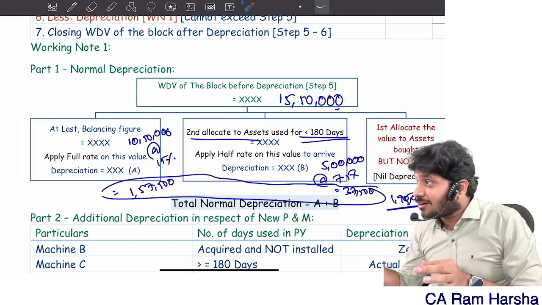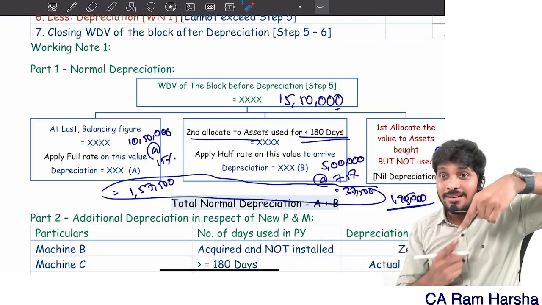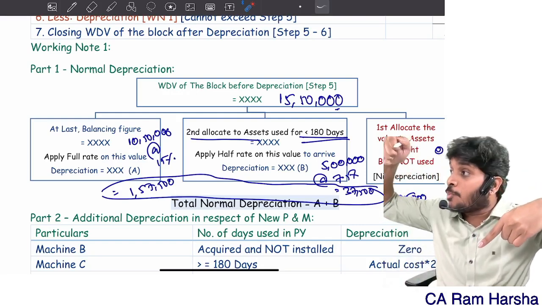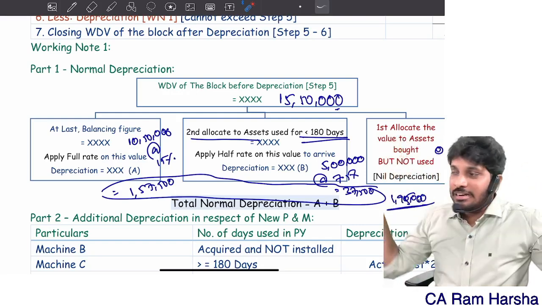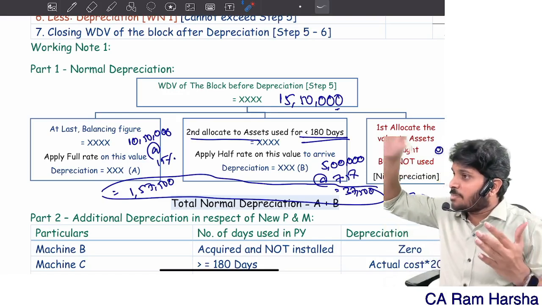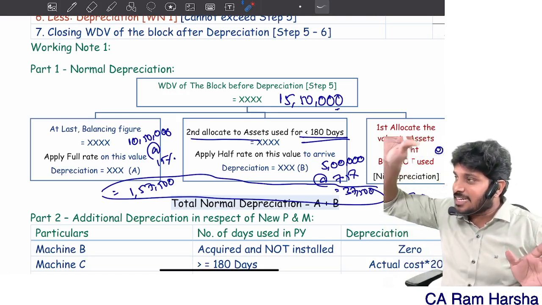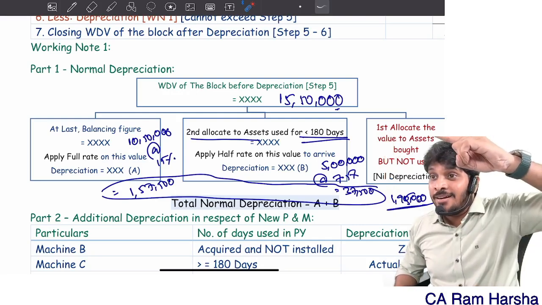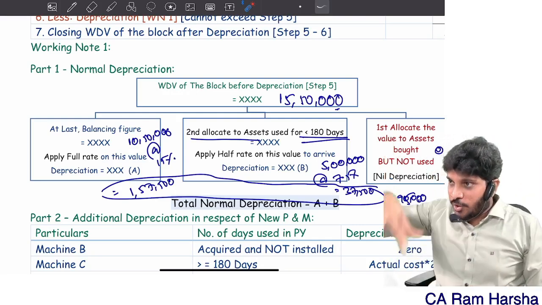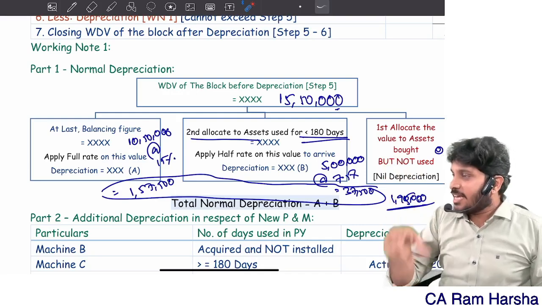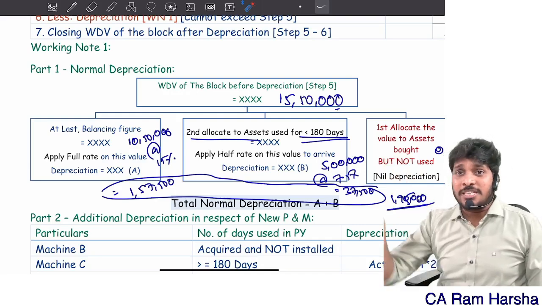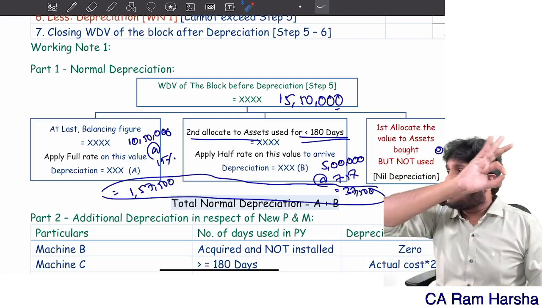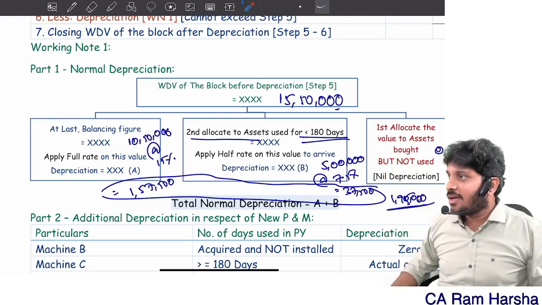Because in the next year, this asset forms part of the opening block. The asset has become part of the group now. That asset doesn't have any identity now. Which assets will have identity? Assets which are purchased during that year will have a special identity. Assets which were purchased in the previous year don't have any identity in the current year. Understood or not?